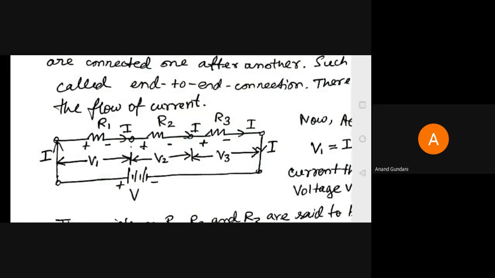So the same current is flowing, but the voltage drops across the resistances are different in a series circuit.